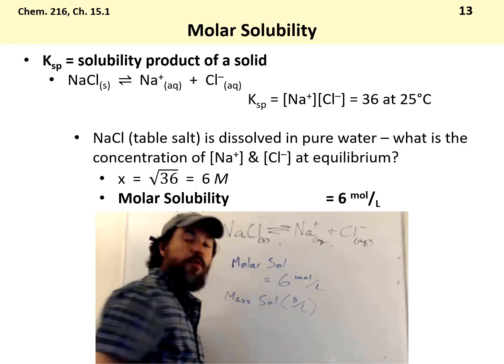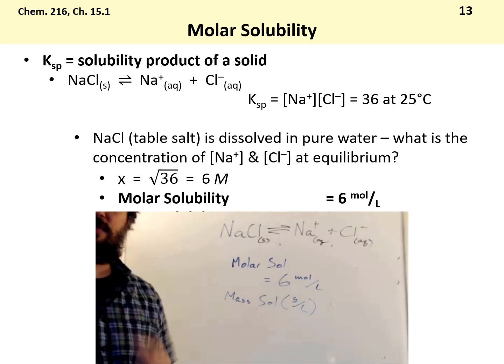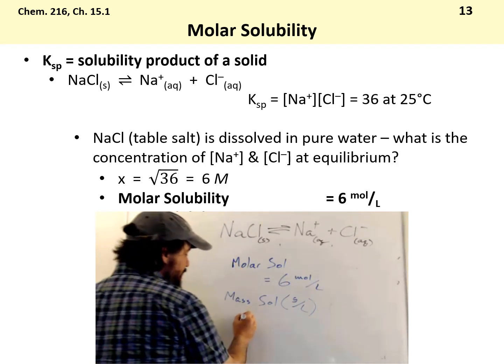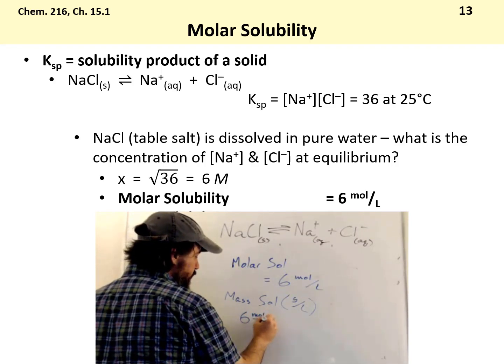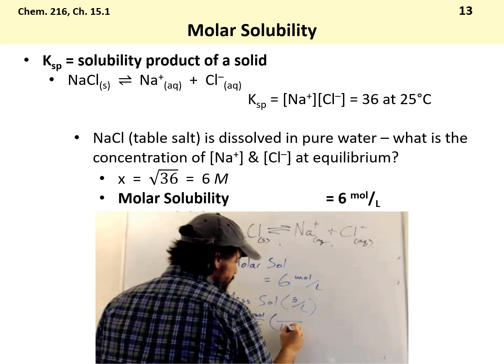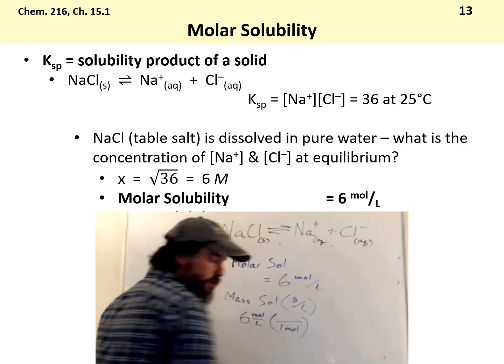How do I convert from moles to grams? That's right. Think back to 215, molar mass. So I can take 6 moles per liter, multiply this by the molar mass of NaCl, right?